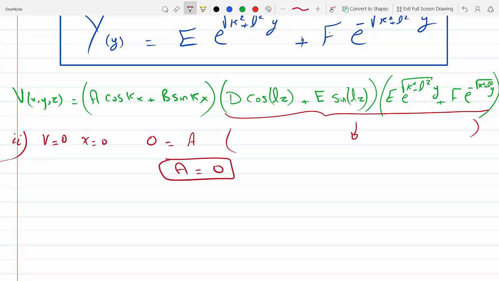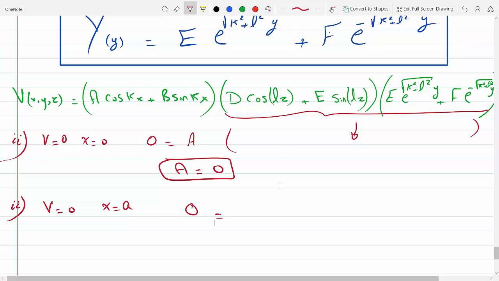Okay, let's go to boundary condition number 2. Number 2 says that v equals 0 when x equals a. Again, the other two terms are unaffected because they're functions of L and Z. So the first one has to be 0 for this to work.